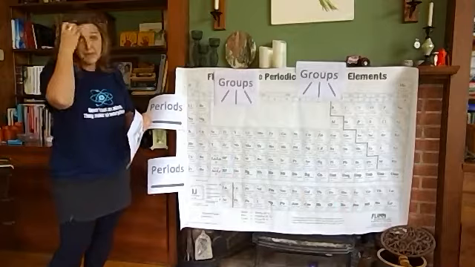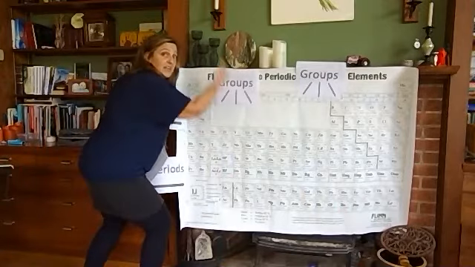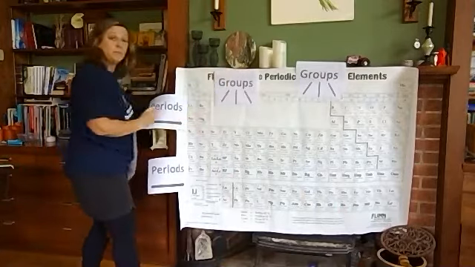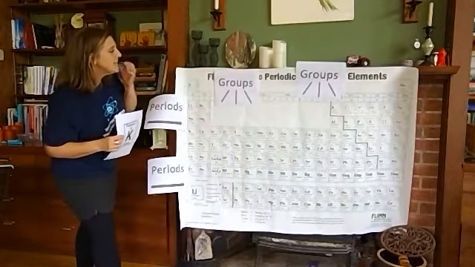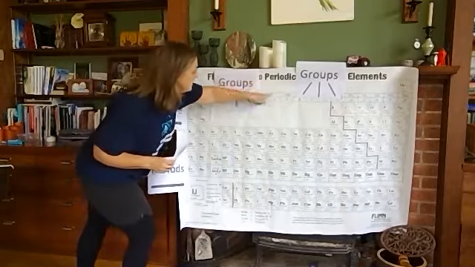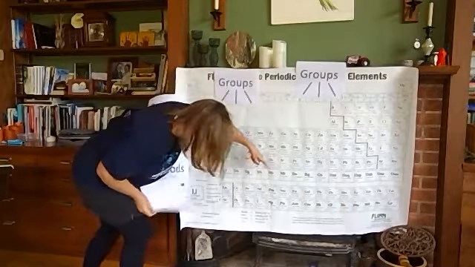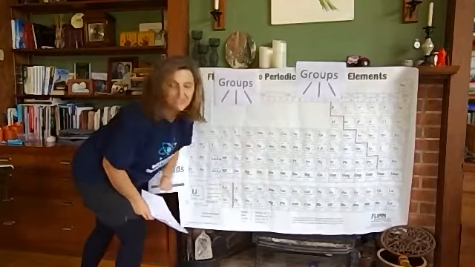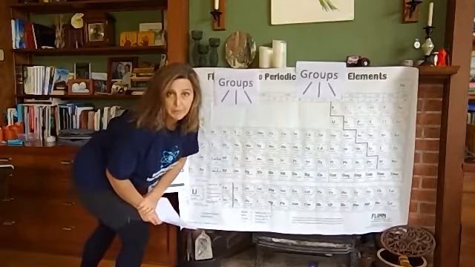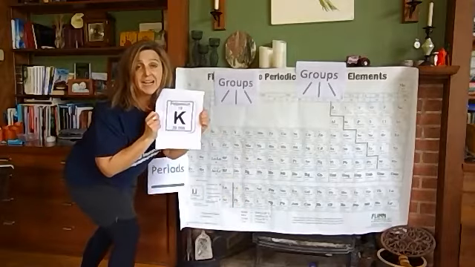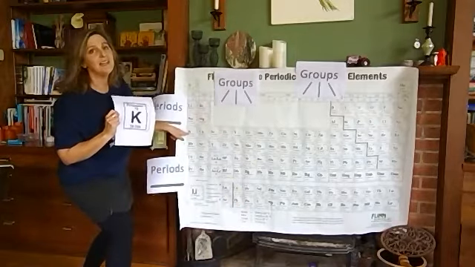If you've ever played Battleship, you're working with your x-axis and your y-axis to pinpoint where something is. That's how the periodic table works. If I say go to group 8, period 7, I'm working way down to bohrium.